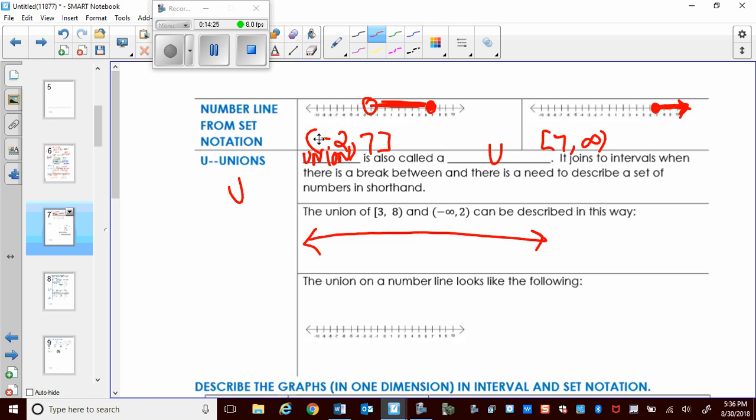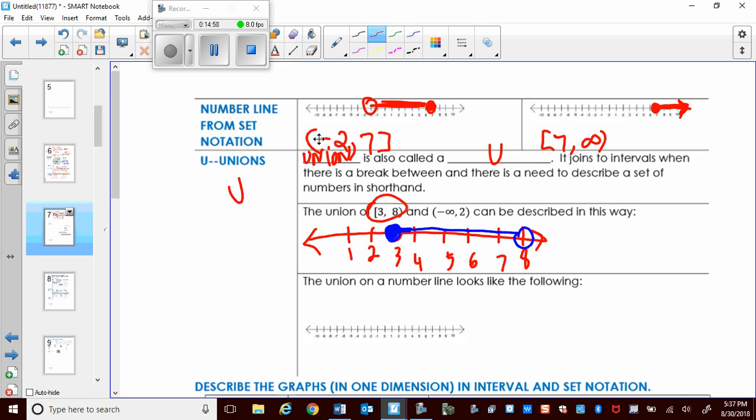Here's 1, here's 2, here's 3, 4, 5, 6, 7, 8. I'm going to use the color blue to describe this union. So from 3, and it's filled in, a segment from 3 all the way over to 8.